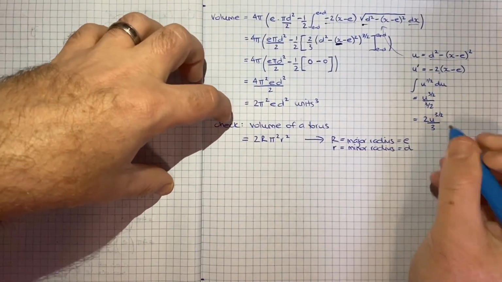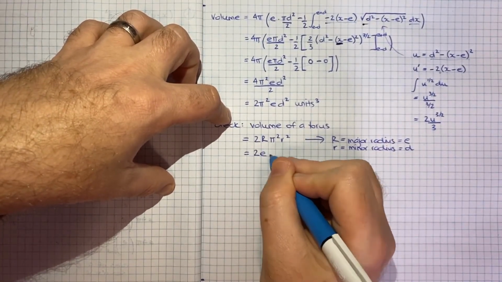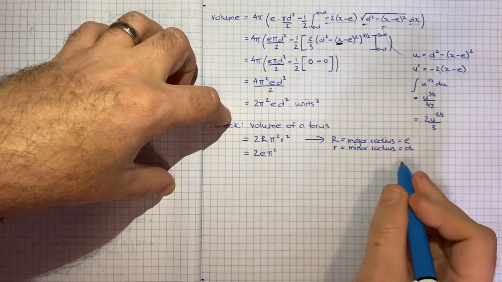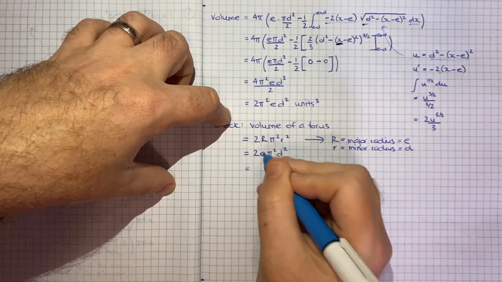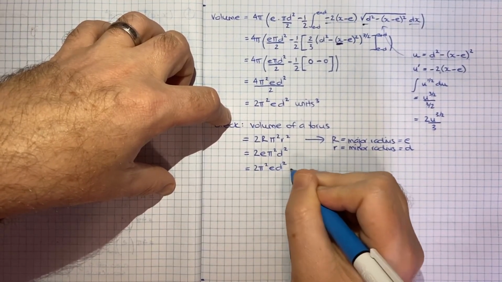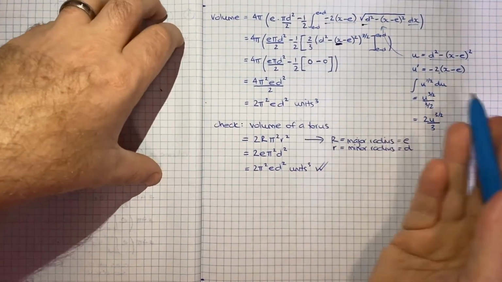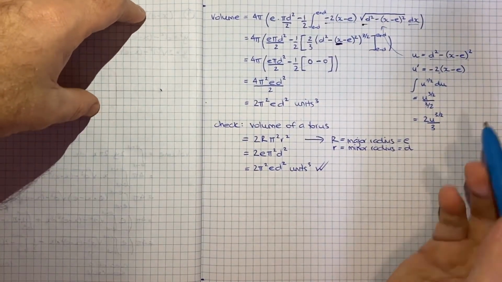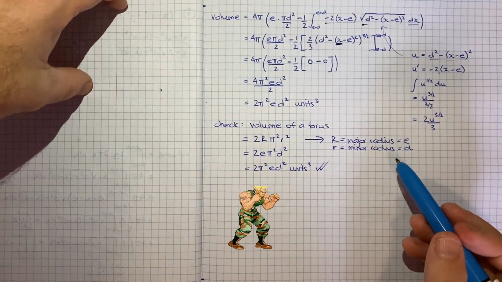So if we just substitute that in, we'd get 2e pi squared d squared, which with the minor rearrangement is 2 pi squared e d squared units cubed, which is what we worked out. So that gives us some comfort that we haven't made a mistake in our integration.